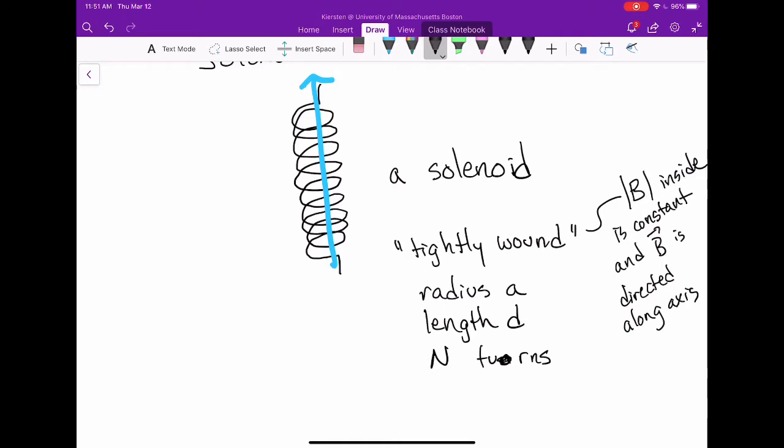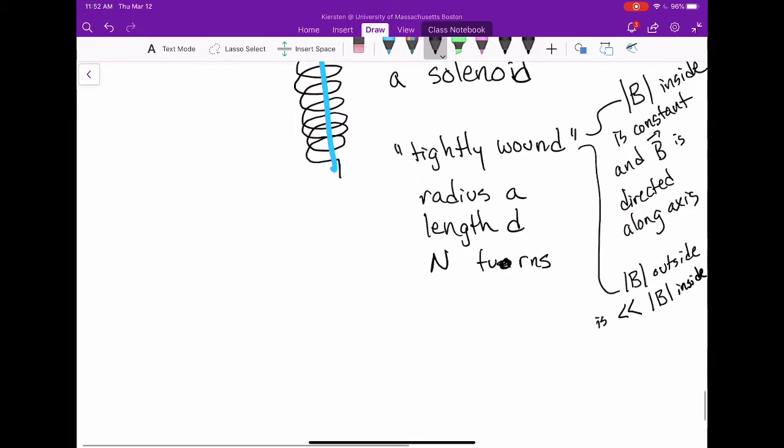And the second thing that we have to say, due to it being tightly wound, is that the magnetic flux density outside is much less than the magnetic flux density inside.